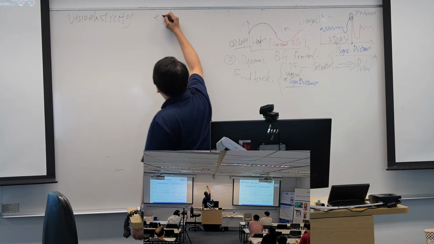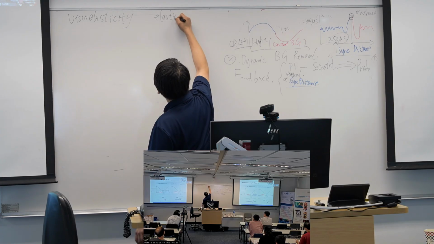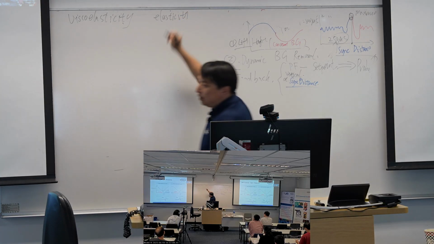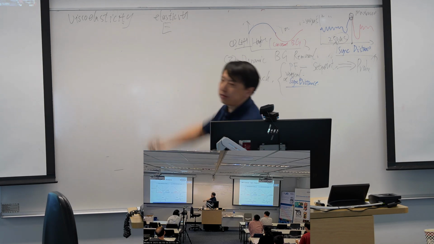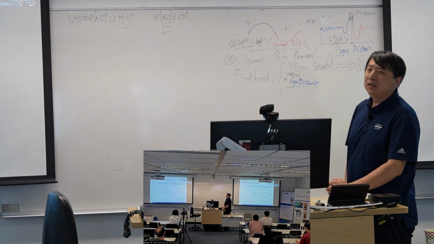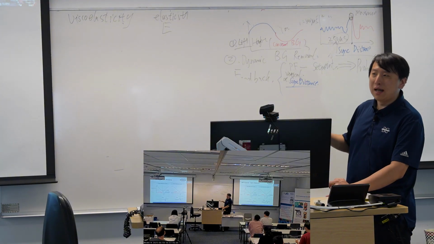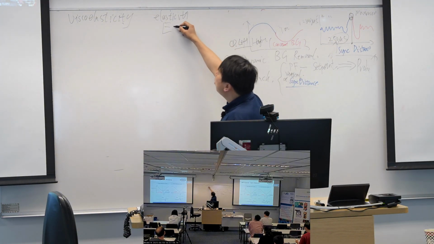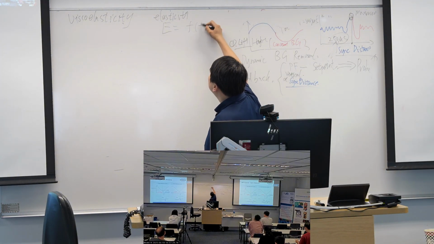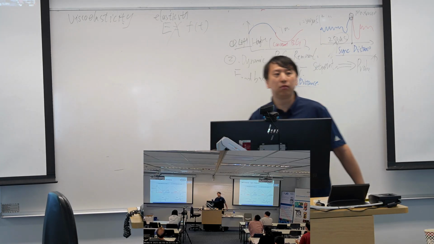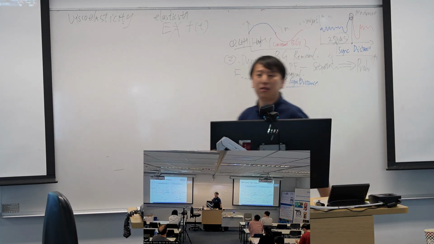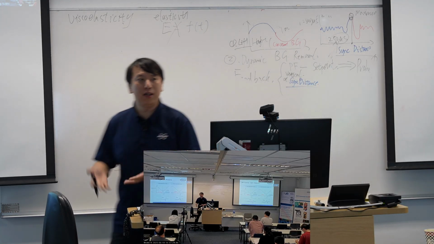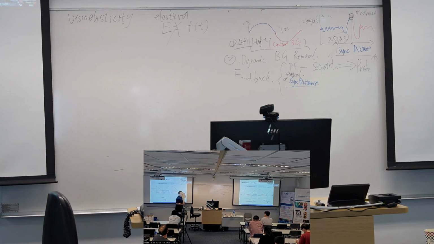For elasticity, the idea is to figure out the modulus. And in elasticity, we imply the modulus is not a function of time. It means our modulus should be some constant. Once your material is fixed, the modulus should be a fixed value. It will not change against time.